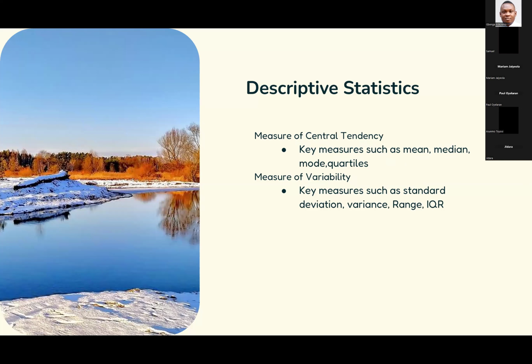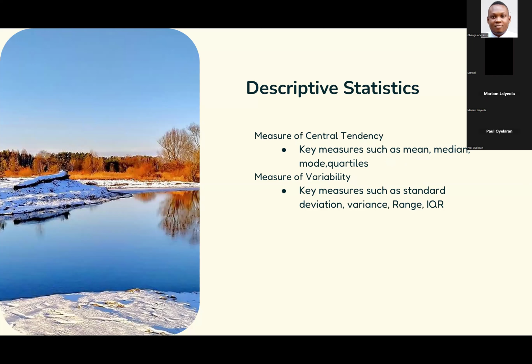So in that case, you just report the median. The measure of variability tells you how these values differ from the mean and the median. So it just tells you the variability in your data. That's the standard deviation, the variance, and the like.